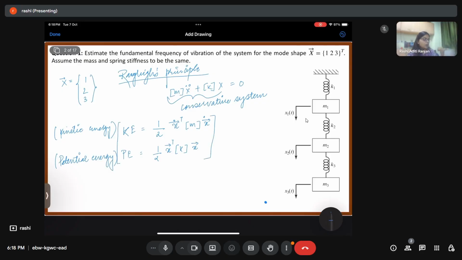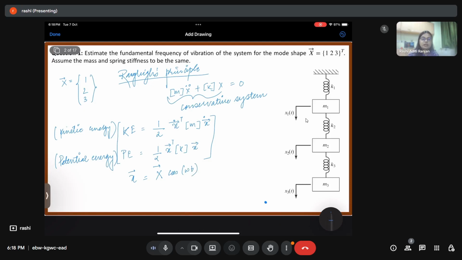Now, let us assume a solution x equal to capital X cos omega t. Small x is the general solution.